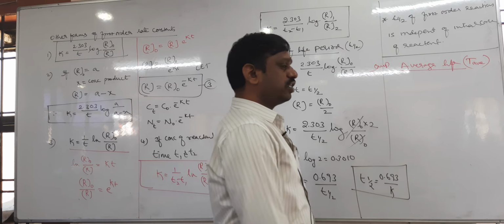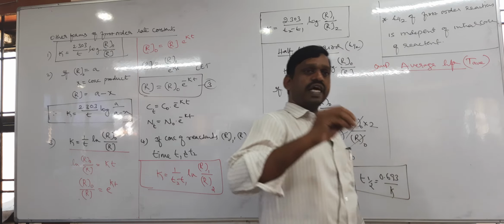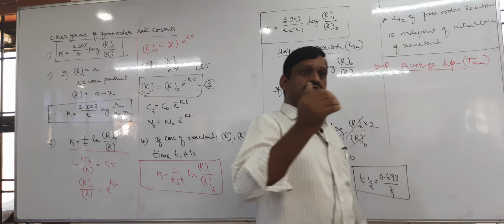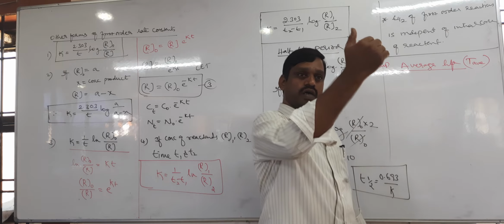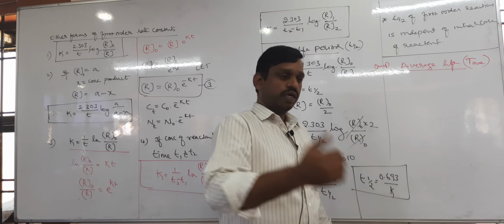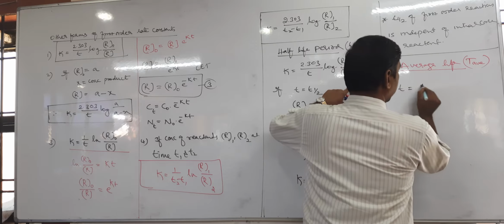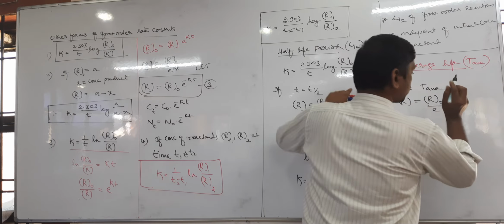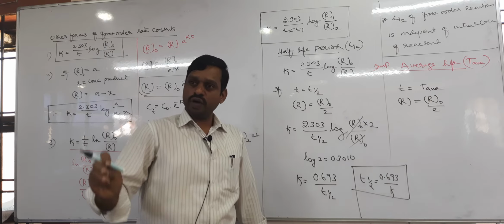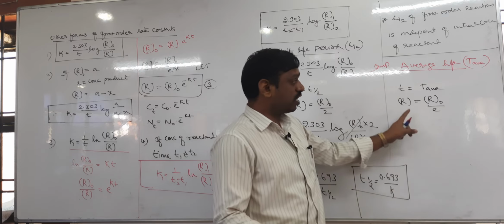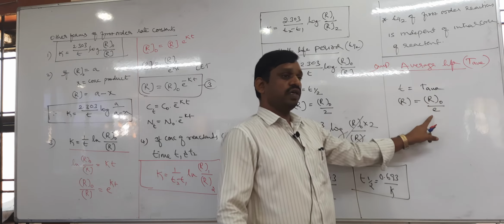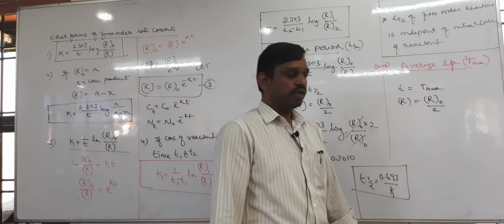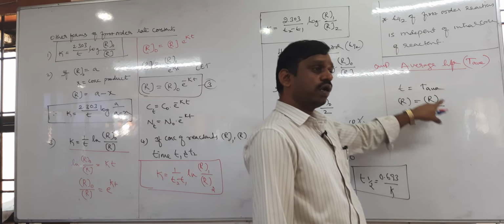It is the time taken to convert the concentration of reactant into 1 by E. It means if T equals T average, then R should be R naught by E. It is the time required to convert the concentration of reactant into 1 by E, that is R naught by E. Then that time is called average time. So T equals T average, R equals R naught by E.